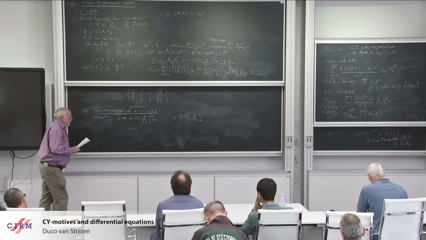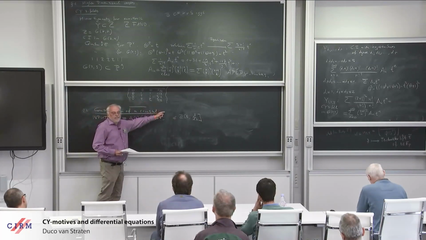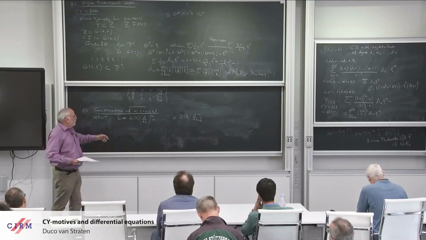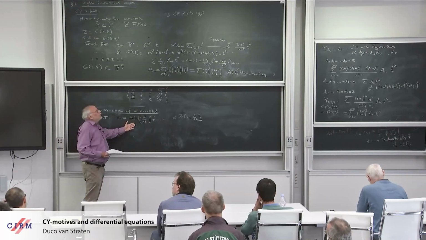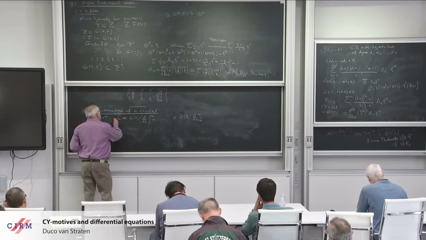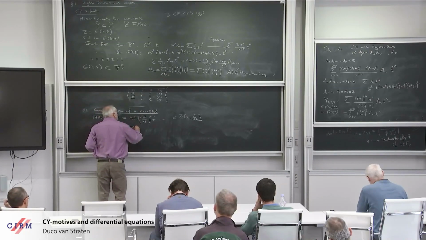That's a differential operator. Delta t determines the singularities. So it's the symbol or the leading term. So the roots of this will be the singularities. And I will assume 0 is a MUM point.